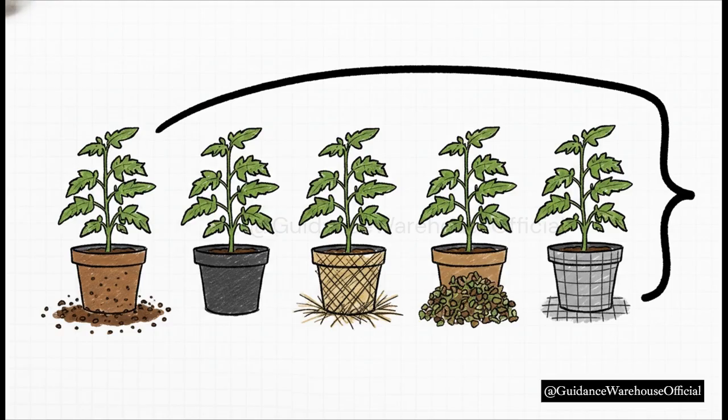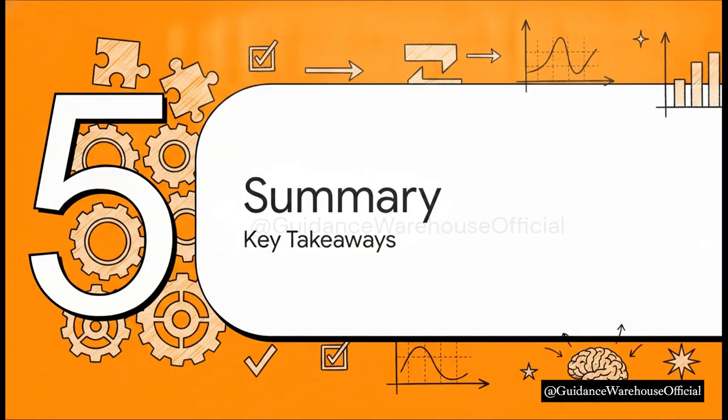They went ahead and tested 5: bare soil, commercial cover, black plastic, straw, and compost. 15 plants in total. The One-Way ANOVA seamlessly scales to 5 groups. You don't even have to learn a new formula. You simply update your degrees of freedom so your K equals 5, and the ANOVA table just automatically handles the rest. It's incredibly elegant. Finally, let's bring it all together in Section 5, Summary.